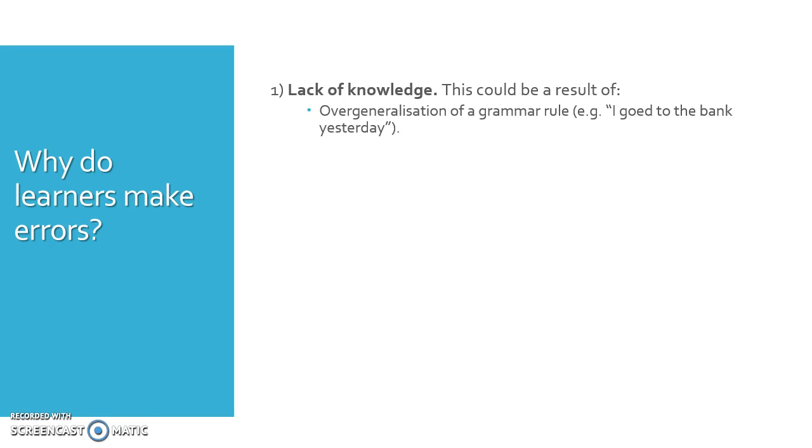For example, "I go to the bank yesterday", the learner is assuming that all past simple verbs take ed endings. Could be misselection. Here the learner is searching for the verb neglect, but only finds the noun neglect.